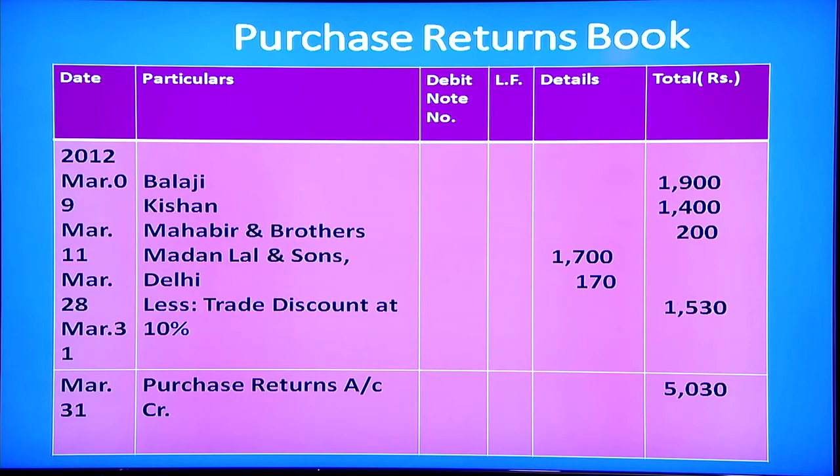And you have to total all the items. That will be written as the total at last in the purchases returns book, and in that same line in the particulars column you will write purchase returns account, and it will be credited.